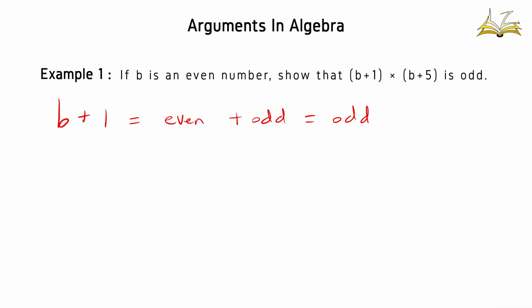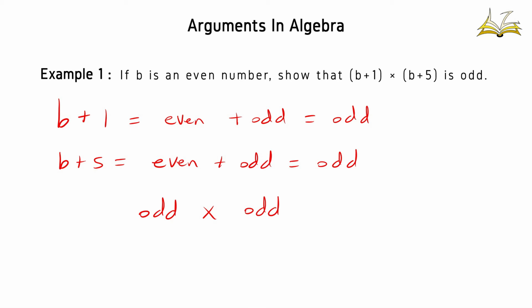And then if we look at the next bracket, b plus 5 is the same thing. We've got even, which is our b, plus odd, which is our 5, which again gives us odd, right? And now finally we have odd multiplied by odd, and that gives us odd. And that's it. We've proven it.